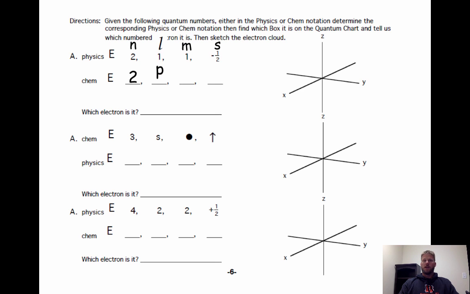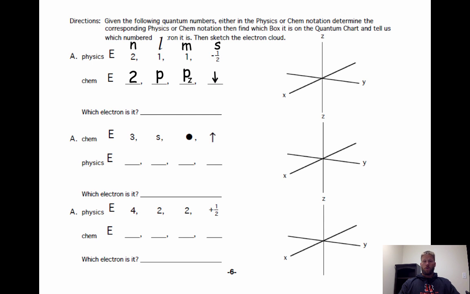So L equals 1 corresponds to chemistry notation of p. M of 1 refers to the orientation on the z plane, so pz, and then negative 1/2, and the chemistry notation is just a down arrow.